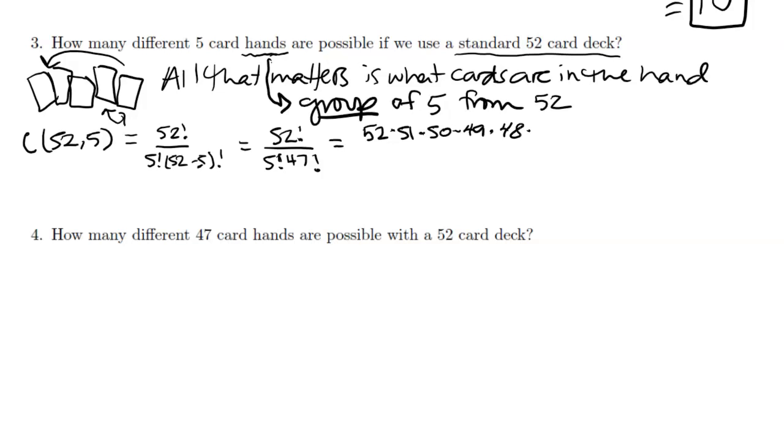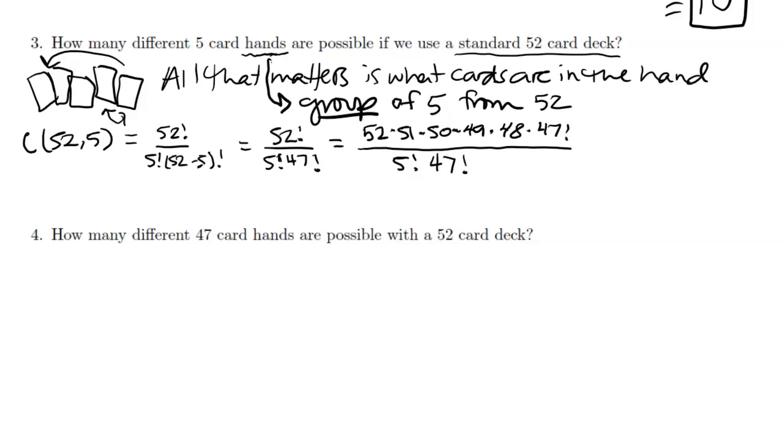Well, notice on the bottom I have a 47 factorial, so we're going to stop with 47 factorial. So let's put all of that over 5 factorial, 47 factorial. Notice I didn't pick the 5, I picked the 47 because it's bigger, so it lets me stop sooner.